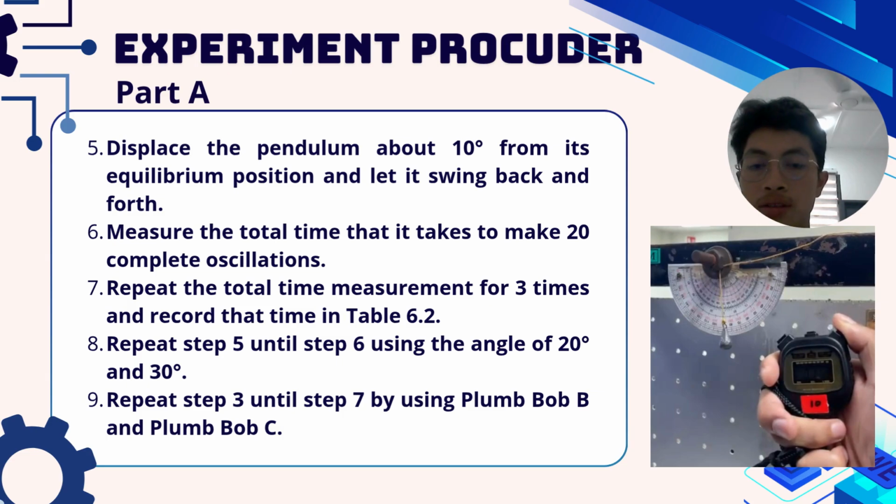For the next step, repeat the total time measurement three times and record that time in table 6.2. After that, repeat step 5 until step 6 using the angles of 20 degrees and 30 degrees. After that, repeat step 3 until step 7 by using plumb bob B.